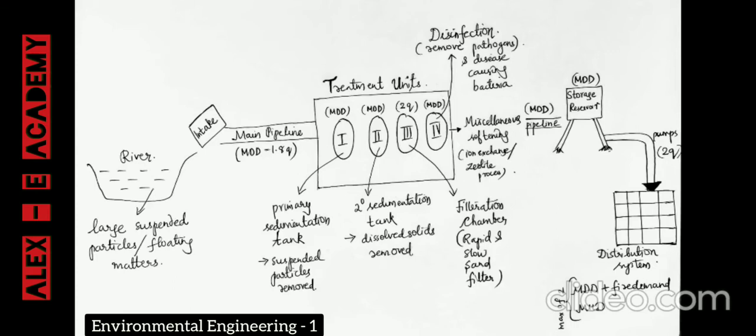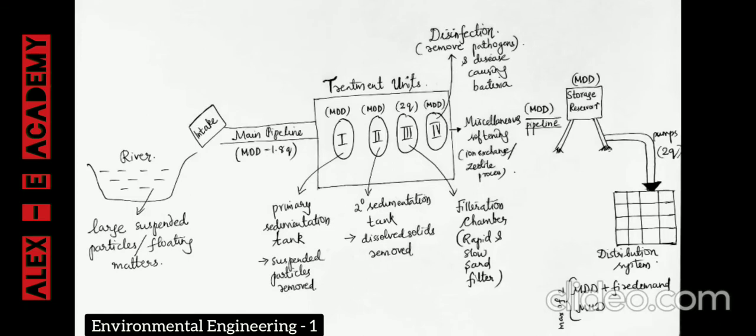Then the third unit is the filtration chamber. It will be coming under rapid and slow sand filter. We all know the term filtration, and the details will be discussed in the coming classes. The last unit is the disinfection, done to remove the pathogens and disease-causing bacteria.